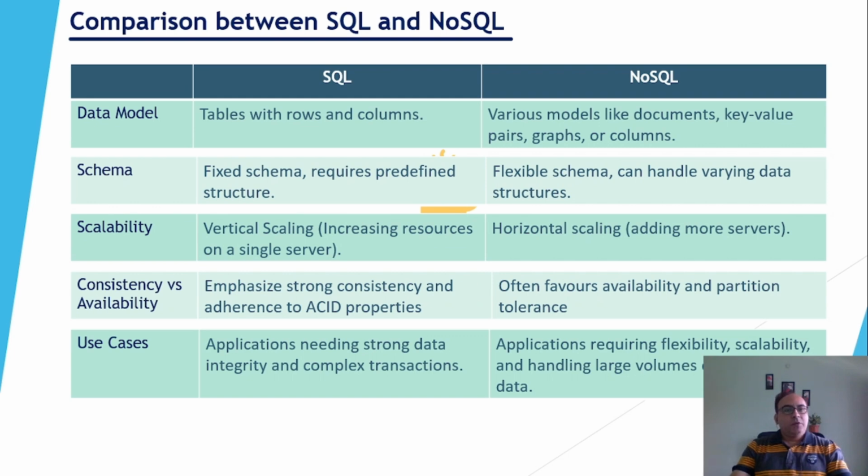Now let's talk about use cases. SQL is used where you require a relational database kind of model, you want to enforce different sorts of integrity, and complex transactions and complex query writing are there. However, where flexibility is required, scalability is required, and unstructured data is there, NoSQL databases are used.